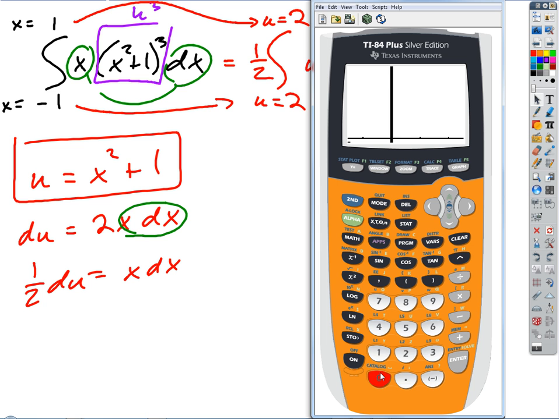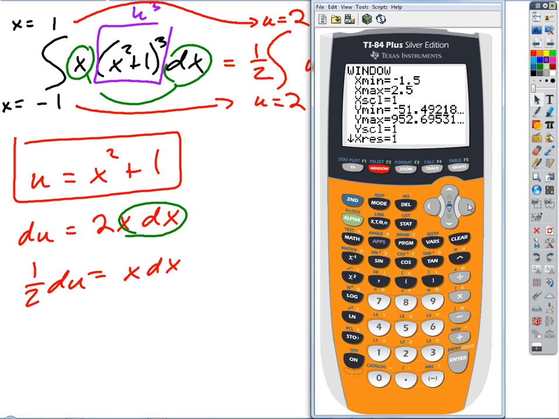Maybe I better come back a little bit. How about if we just go negative 1.25 to 1.25, and I'll go zoom fit again.